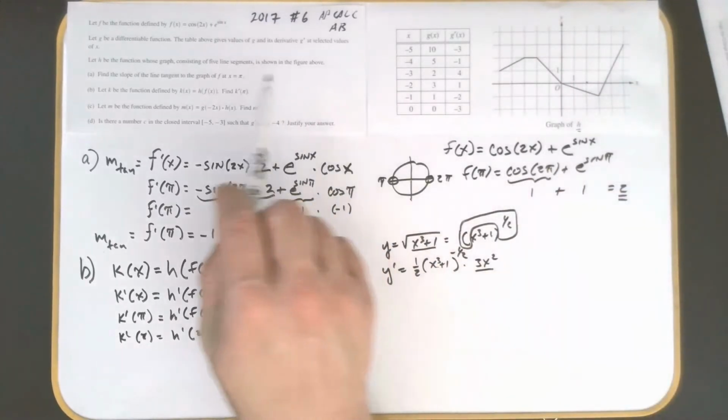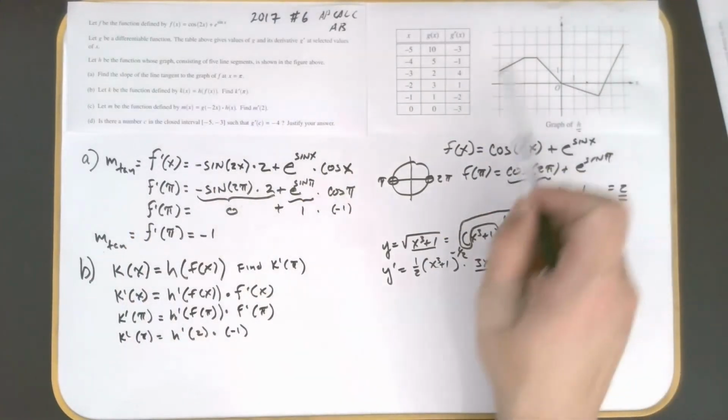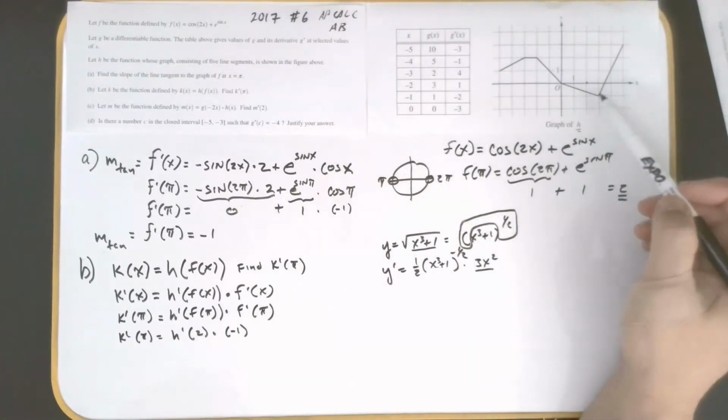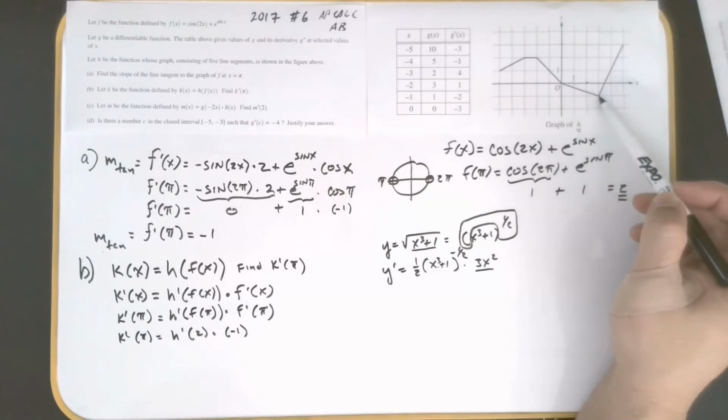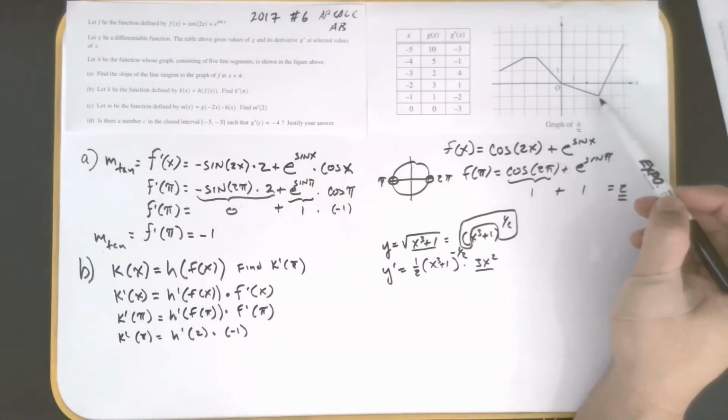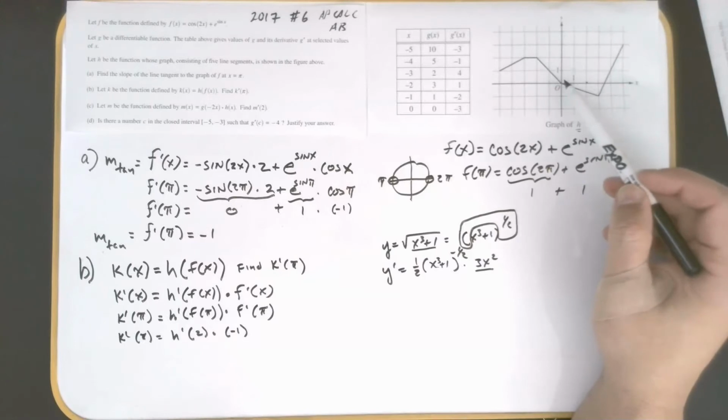Well, the instructions here tell us that this graph is made up of 5 line segments. So what we can confidently say is that, well, this is a line segment right here, so if we could get the equation of that line, we could then take the derivative. Well, this equation is really easy. It's linear. Not only is it linear, it goes through the origin.